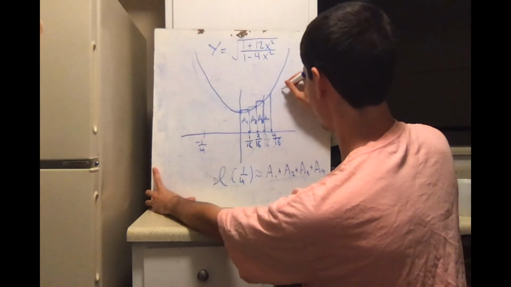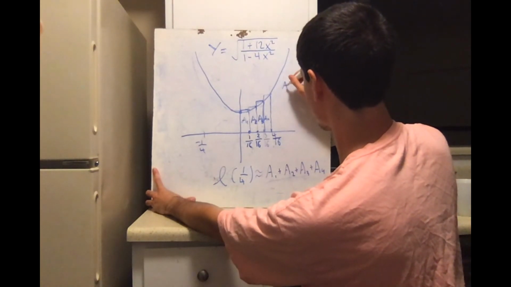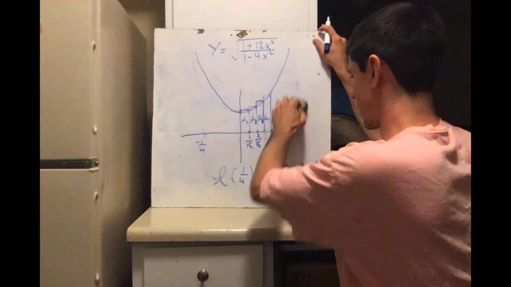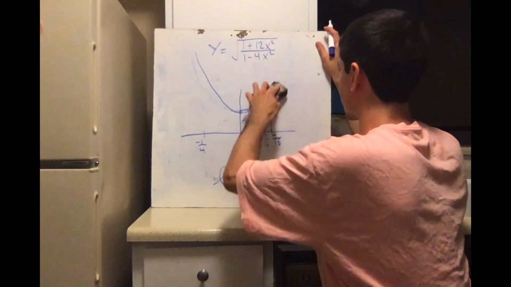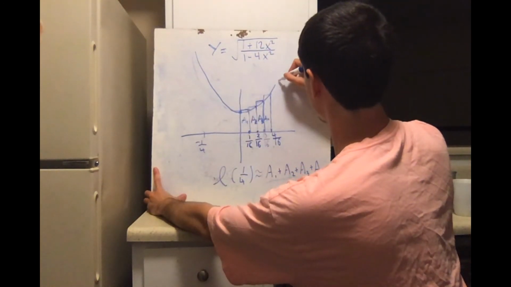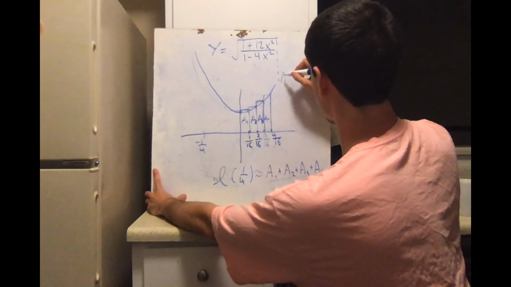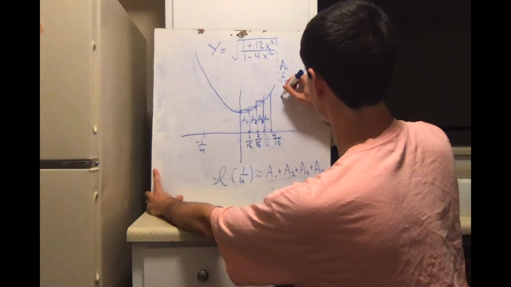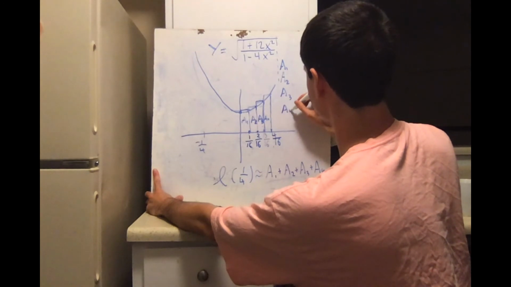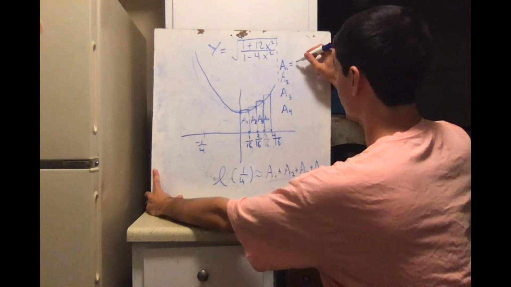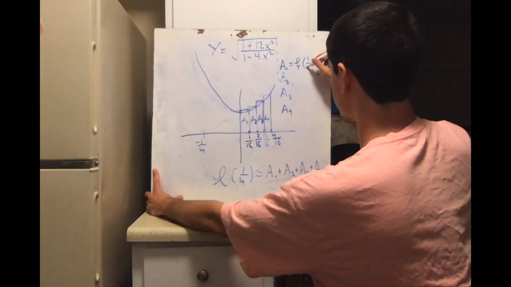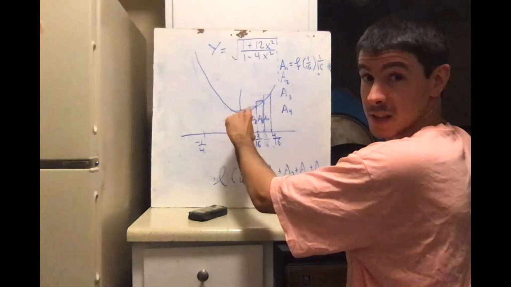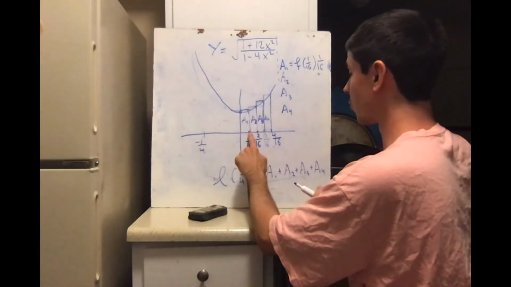And so we want the areas A1, A2, A3, A4. A1 equals f of 1/16 times 1/16, because f of 1/16 is the height of this rectangle and 1/16 is the base.